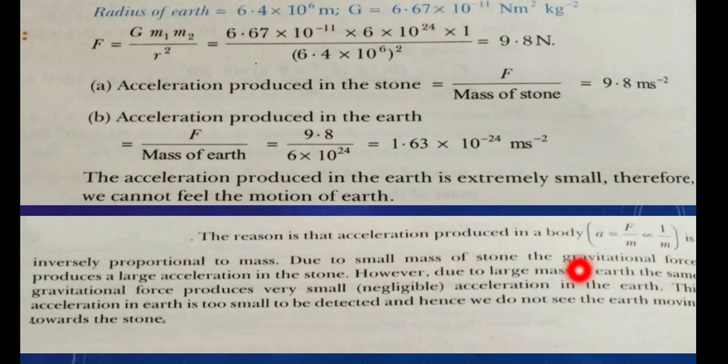Both the forces acting on each other are equal, but due to the mass, the gravitational force produces very small acceleration in the earth, because the mass of the earth is very large, and acceleration is inversely proportional to the mass.